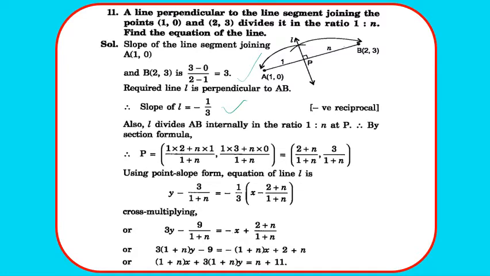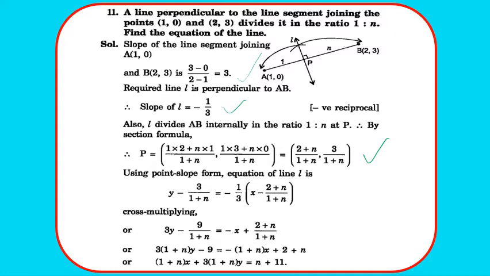Now it is also given that the line L is dividing the line AB in the ratio 1:n. So using the section formula, we can find the coordinates of P as (1 into 2 plus n into 1 upon 1 plus n, 1 into 3 plus n into 0 upon 1 plus n). So the coordinates of point P are (2 plus n upon 1 plus n, 3 upon 1 plus n). So we have a point on the line L and its slope.